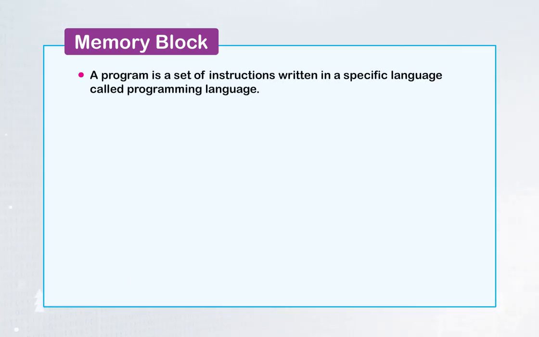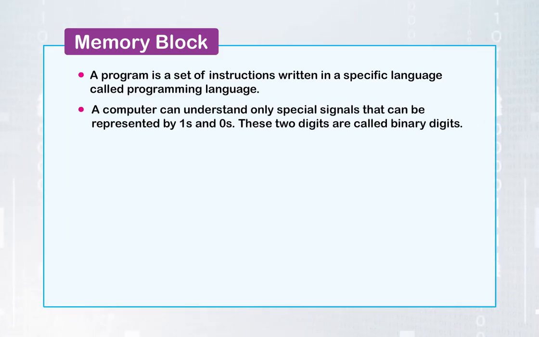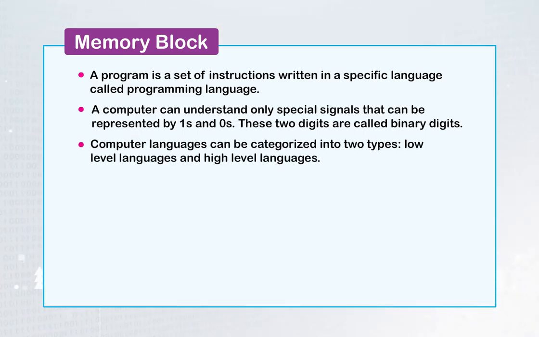A program is a set of instructions written in a specific language called a programming language. A computer can understand only special signals that can be represented by ones and zeros. These two digits are called binary digits. Computer languages can be categorized into two types: low-level languages and high-level languages.